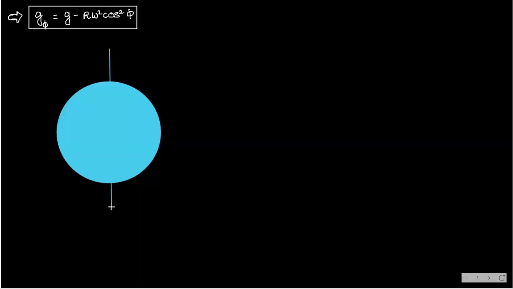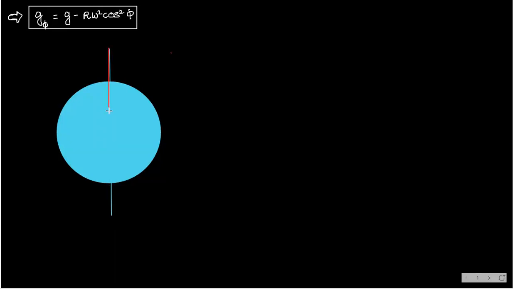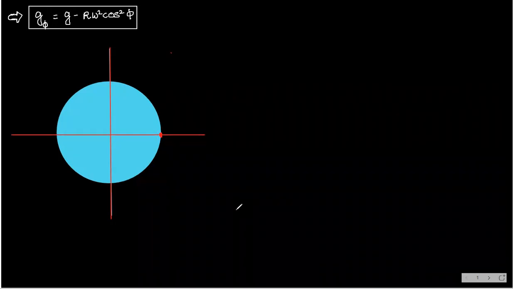If this is the axis, and this is one more axis or direction, now I am taking one point here. This point is where, at equator or at poles? Pole. This one is equator. So this is equator.